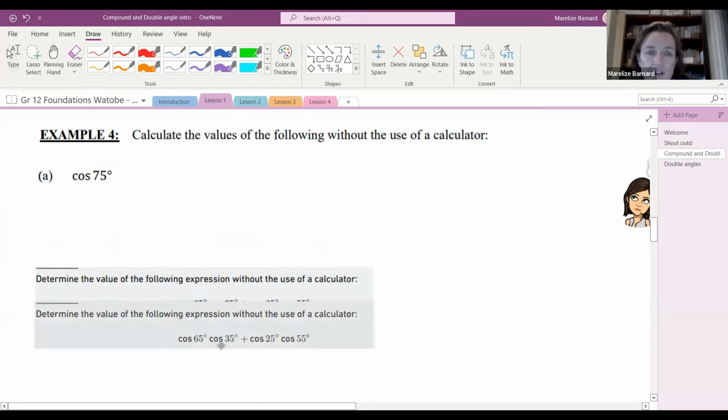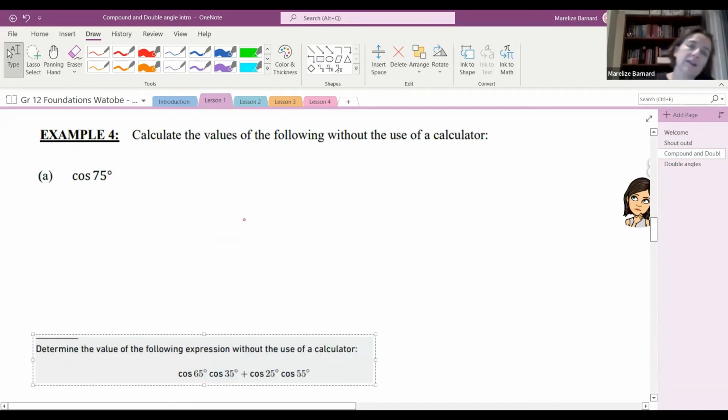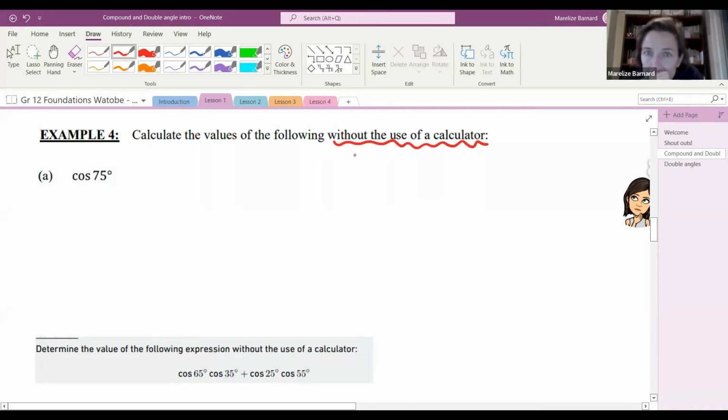Okay, so let's go on to this question here, cos of 75. The question says, calculate the values of the following without the use of a calculator. Immediately when you hear without the use of a calculator, especially for you guys who were here when we did the Trig Foundations course, you need to think special angles.